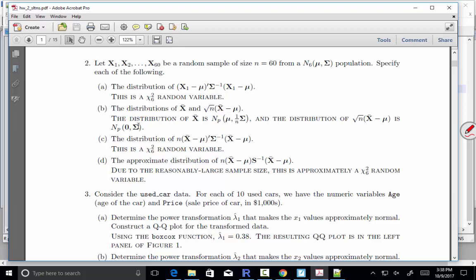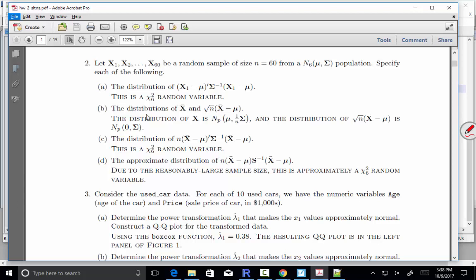So the variance of a constant times a random variable or a random vector is equal to that constant squared times the variance of the random variable. The covariance of the square root of n times x bar is n times the variance of x bar.